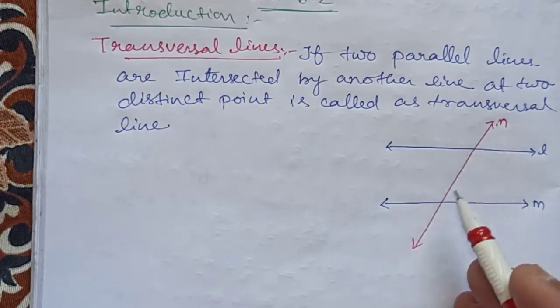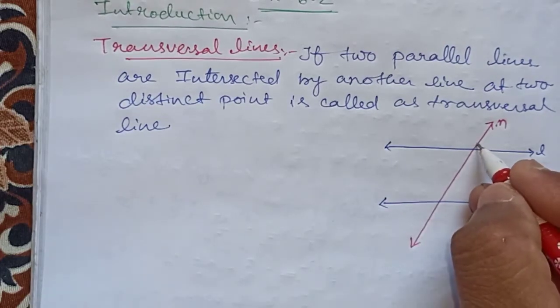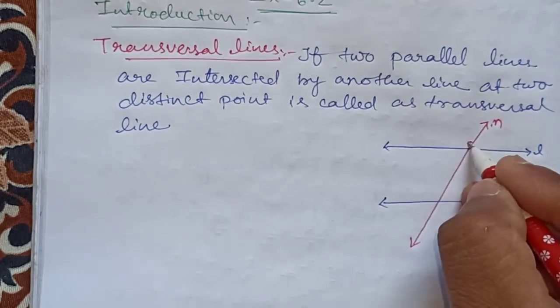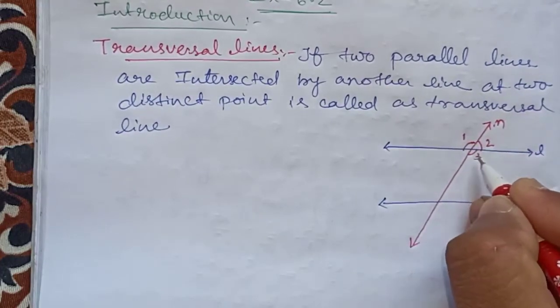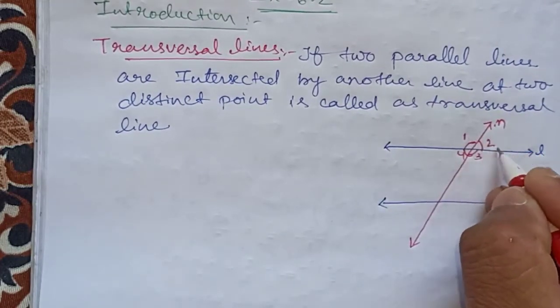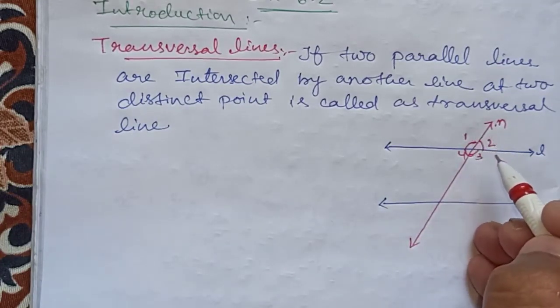Here we will get many different angles, and I am writing those angles. Suppose we start clockwise. This is angle 1, this is angle 2, 3, 4. A clock rotates in this way, so I have numbered in the clockwise direction.